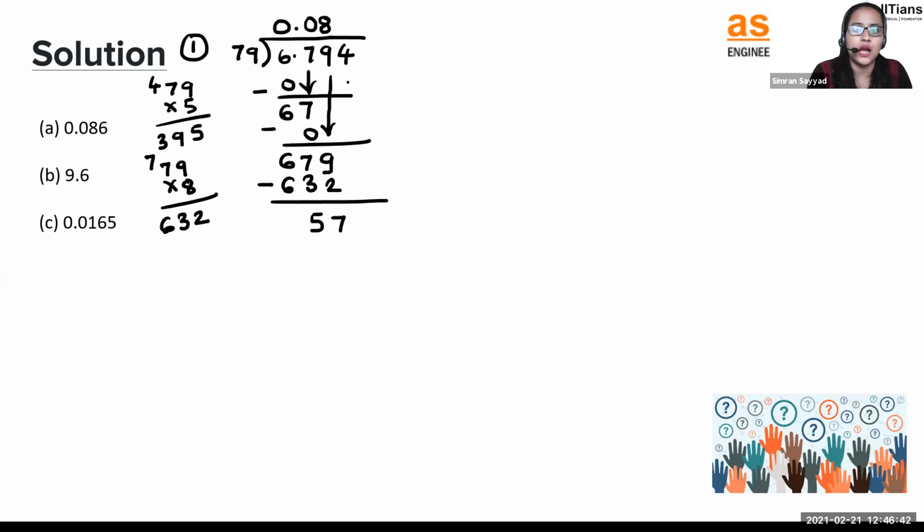And now the last term which is remaining, 4, I'm going to take here. Again, trial and error. See, 5 was 395, which means it is approximately equal to 400.